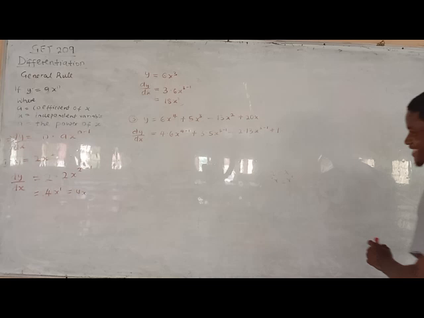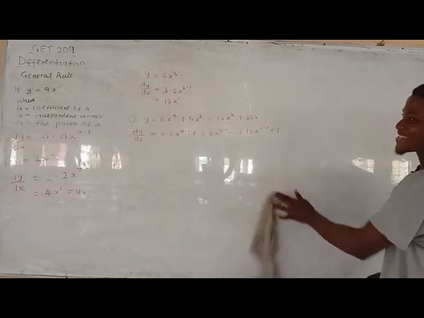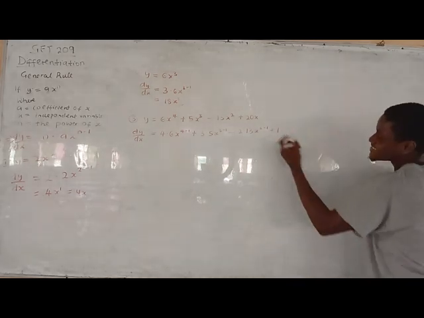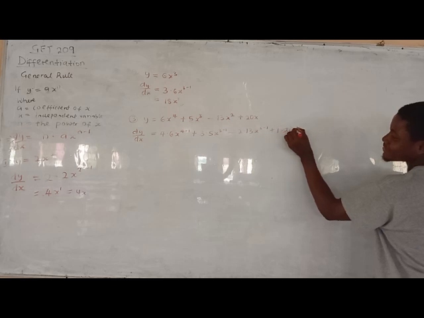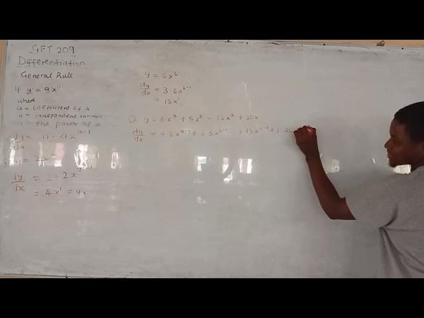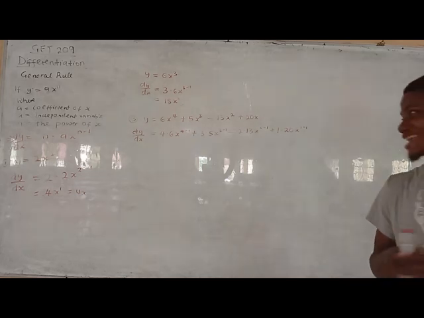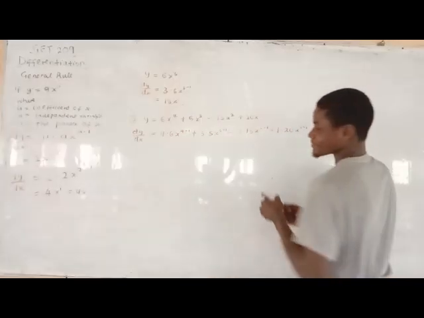So this is what? 1 times what? x raised to power what? 1 minus 1. Don't forget, x is the same thing as x raised to power 1. So you now simplify all of them.